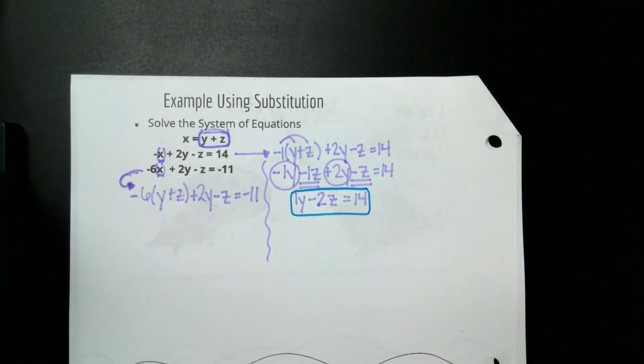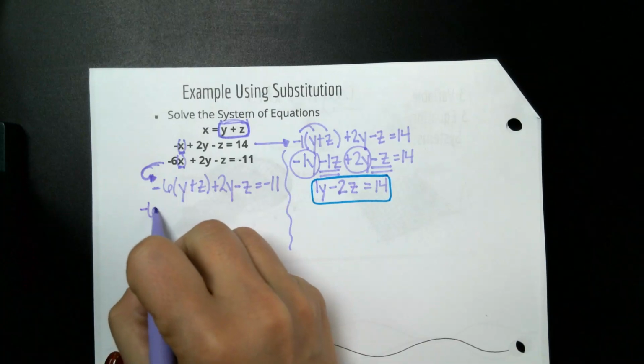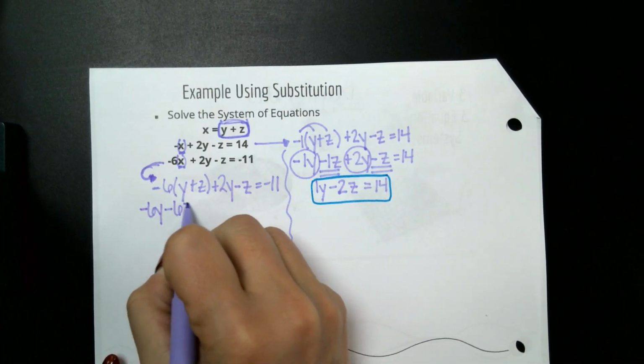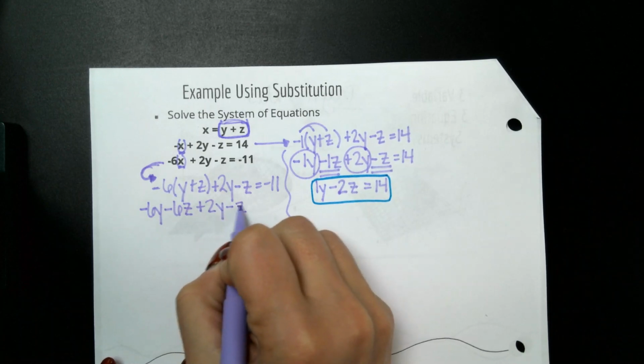Distribute that -6 for me. What would I get? -6y minus 6z, good.